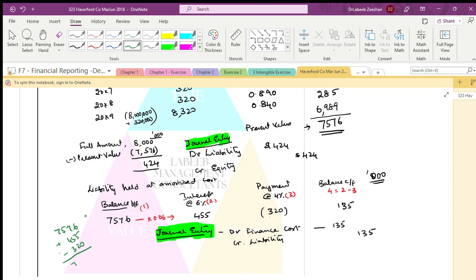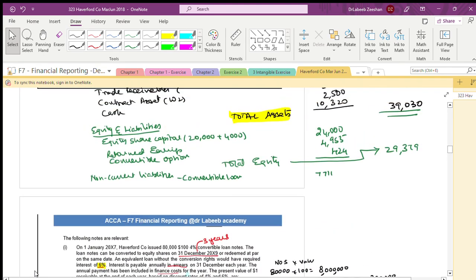It comes to 7711. This is the convertible loans figure from working note 1.